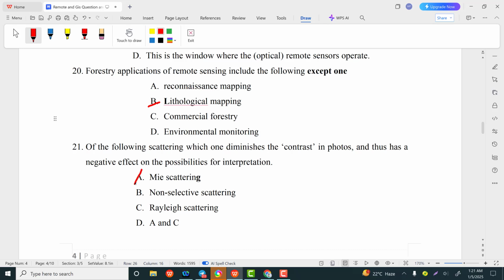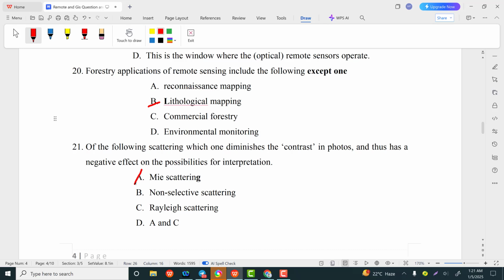Mie scattering. Let me give you a brief explanation about scattering. As you know, scattering is the redirection of the incoming electromagnetic energy. Mie scattering is caused by particles that are roughly the same size as the wavelength of light, such as water droplets or dust in the atmosphere. It tends to scatter light in all directions.